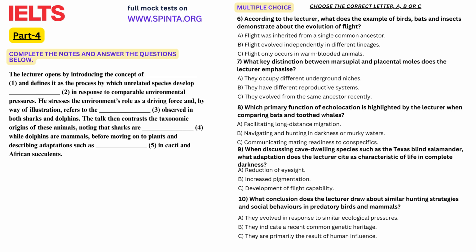The simultaneous evolution of similar anatomical traits in unrelated organisms underscores the incredible adaptability of life. For instance, the reduction of eyesight in cave-dwelling species, such as the Texas blind salamander and certain fish, represents number 6, the adaptation to life in complete darkness.